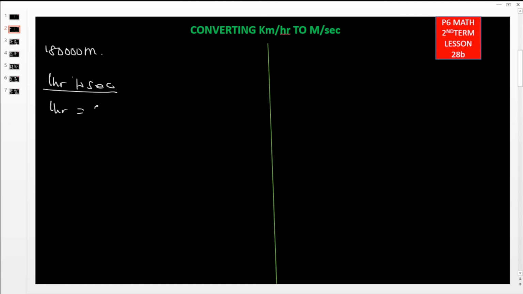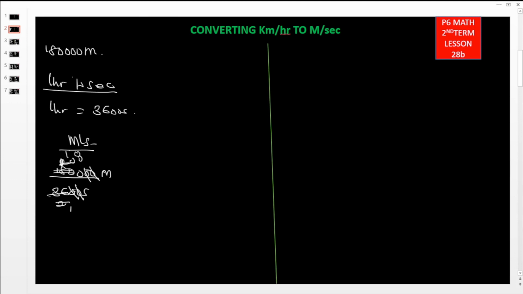Then the next step is to change 1 hour to the seconds here, which is going to be 1 hour is equal to 3600 seconds. Then lastly meters per second. Then we are going to have our meters, that is 180,000 meters out of 3600 seconds. 0 by 0, 0 by 0, by 18.